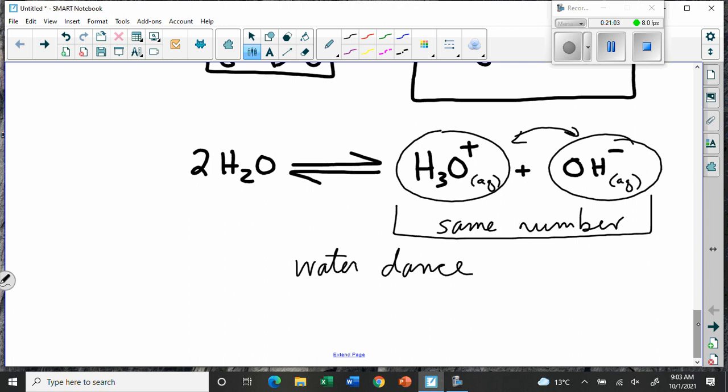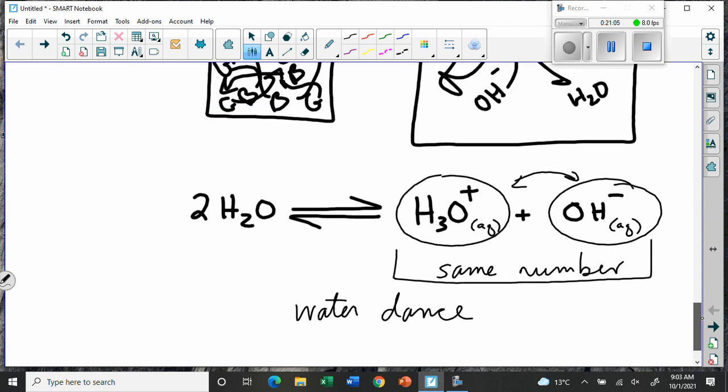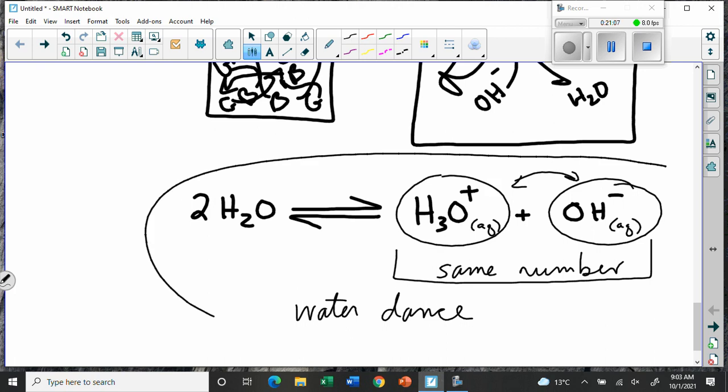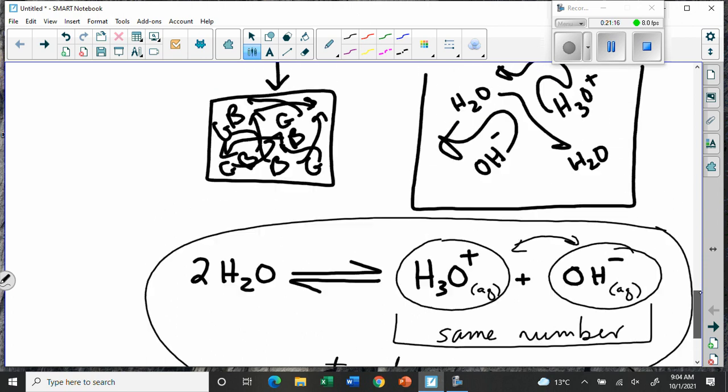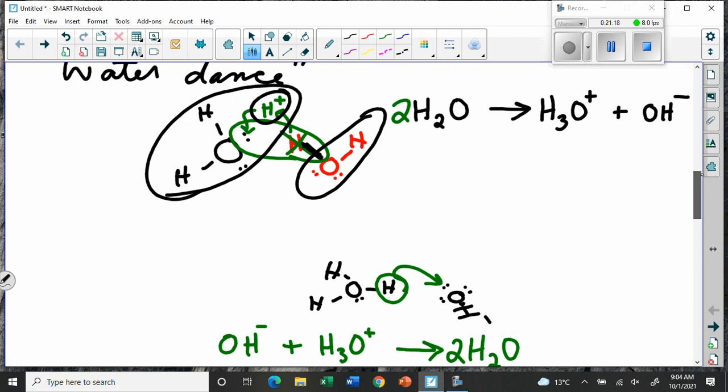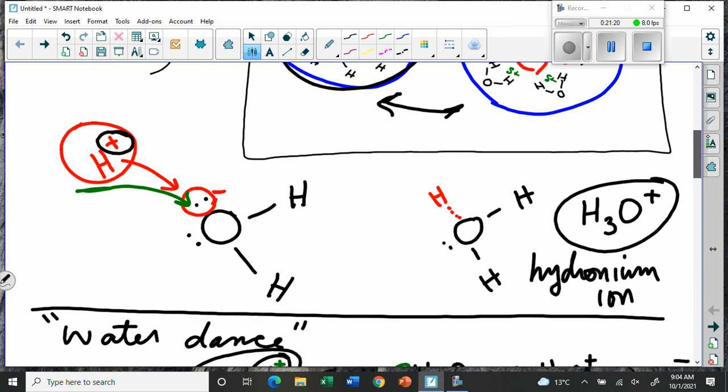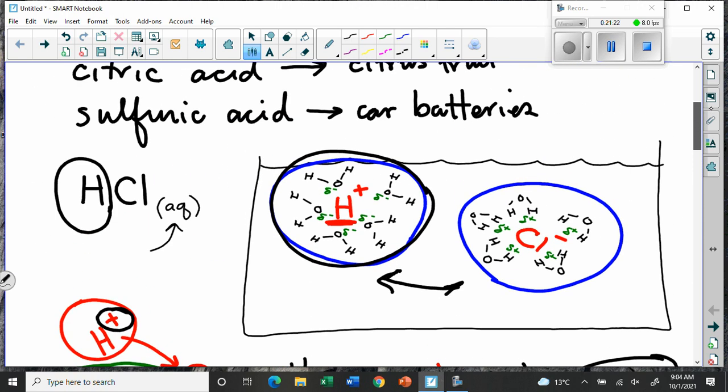Now, let's see what happens when we put all this together. If this is what water is doing all the time, and it's in this nice balanced equilibrium where we have the same number of hydroniums and hydroxides all the time, if you put this molecule up here of HCl in there, where was it? Right here.